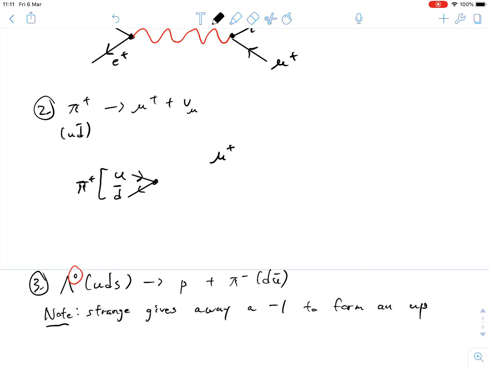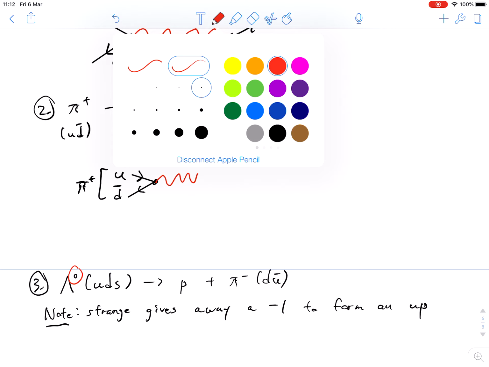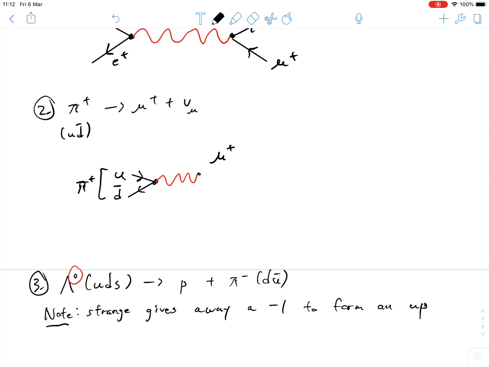And they are going to convert themselves into our antiparticle. I'm going to move this over a little bit. So this is our antiparticle pointing in the opposite direction. And then we have our regular particle, which is a neutrino.